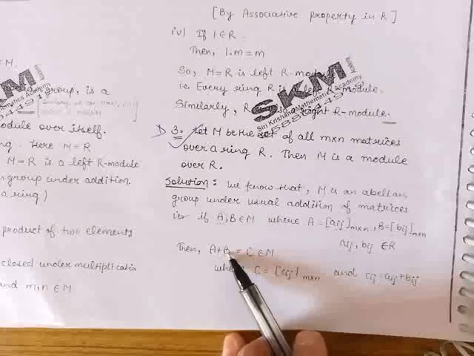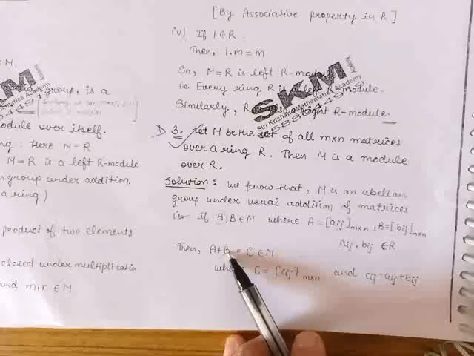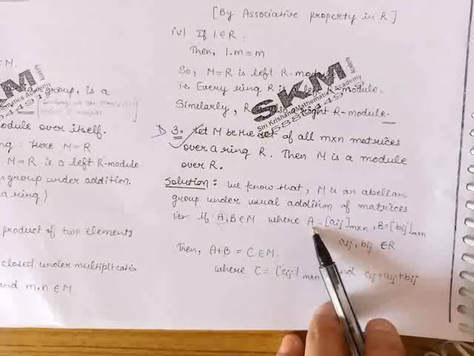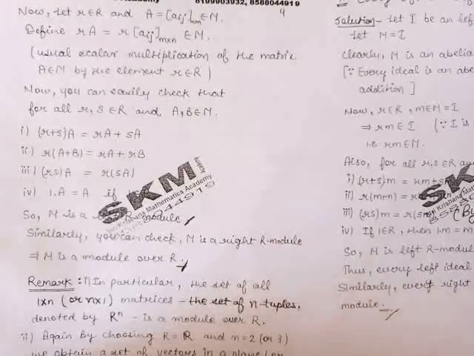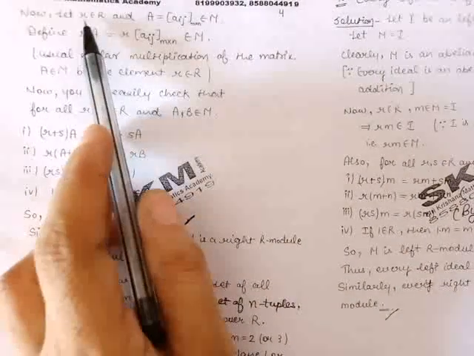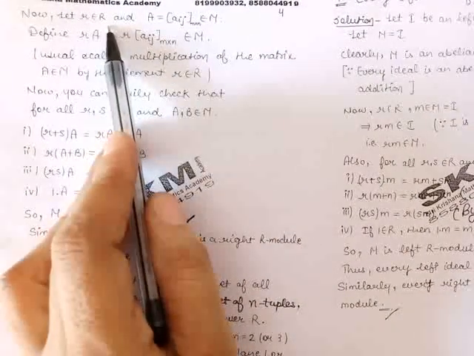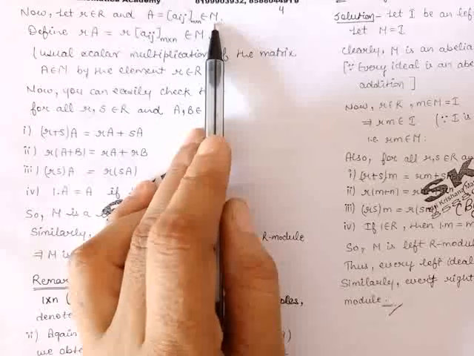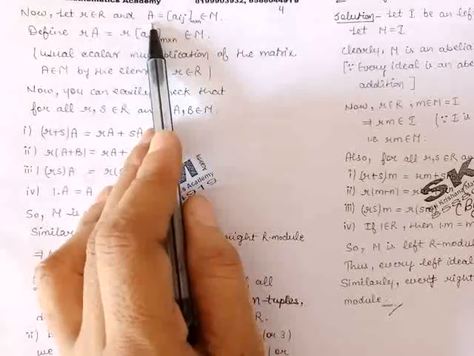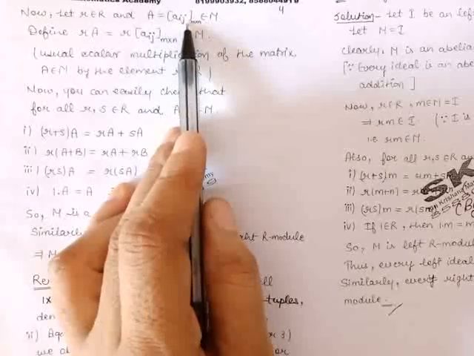So A plus B is also a matrix of order M cross N. Now let us define the scalar multiplication. To define the scalar multiplication, let us take r belonging to the ring R and a matrix A of order M cross N belonging to M. The entries of matrix A we have denoted by a_ij.